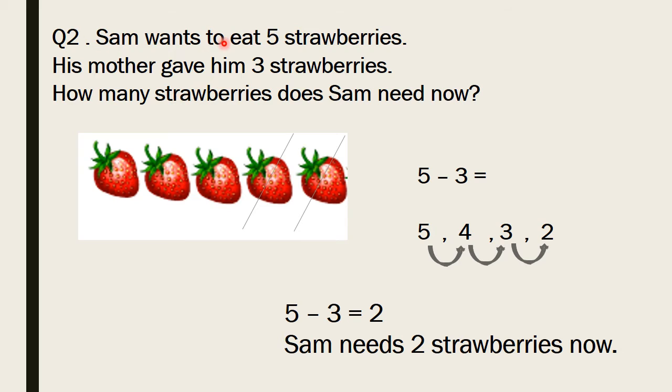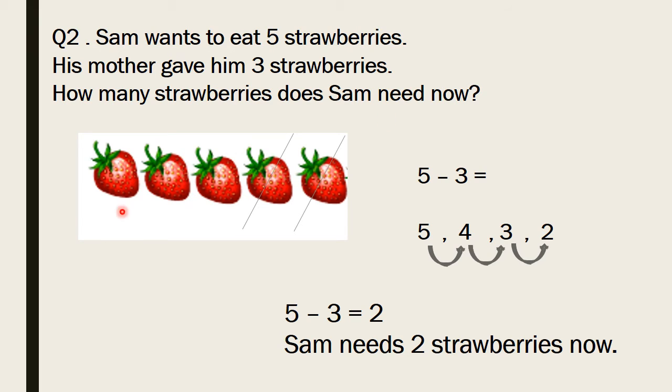Question number 2. Sam wants to eat 5 strawberries. His mother gave him 3 strawberries. Now Sam wanted to eat 5 and his mother gave him only 3. How many strawberries does Sam need now? That means how many extra strawberries does Sam need?